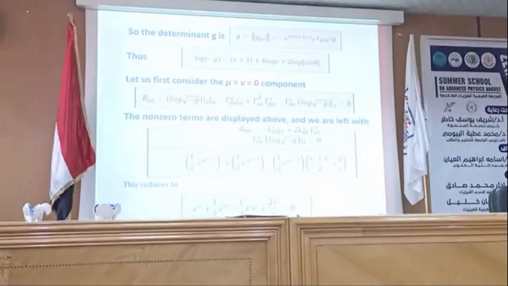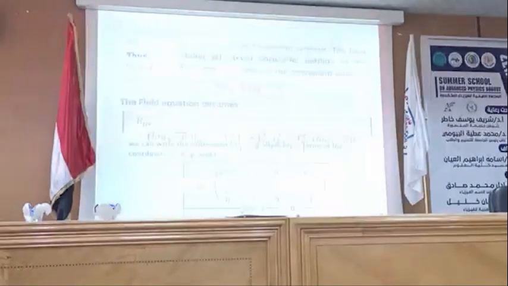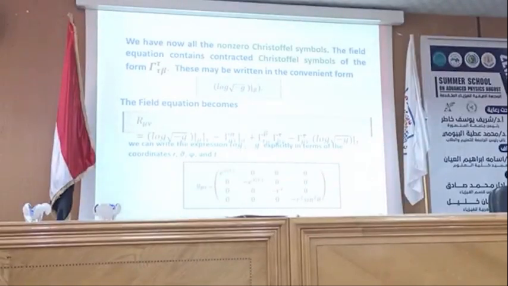So now I have this equation that I have to solve, but now I know what is g and I know what is log g. Okay? So once these quantities are known, I can proceed to calculate the various components of this method.